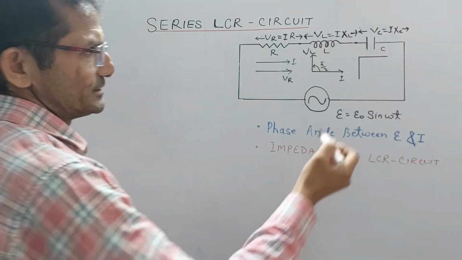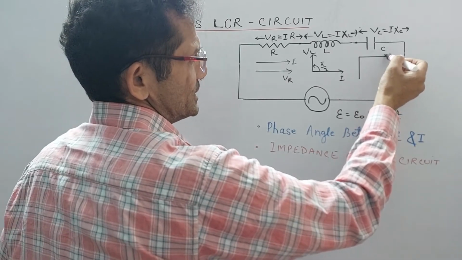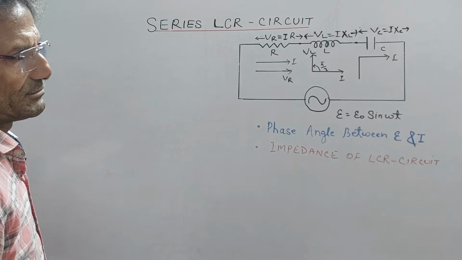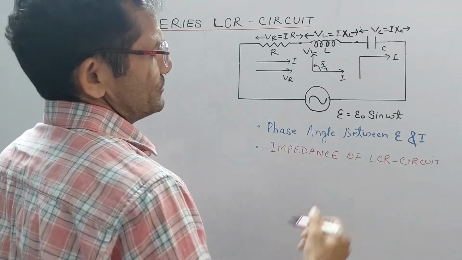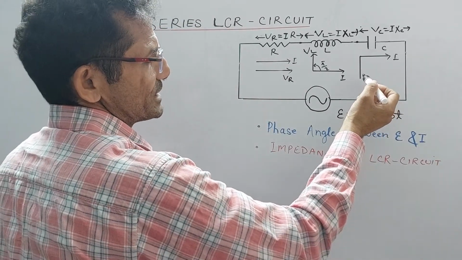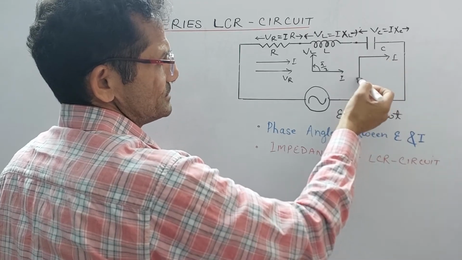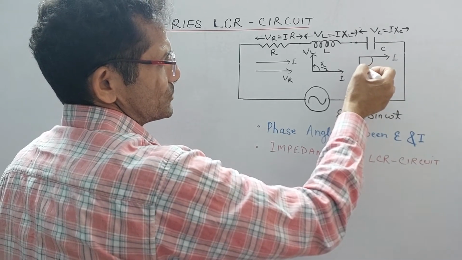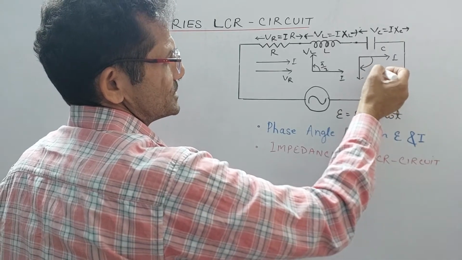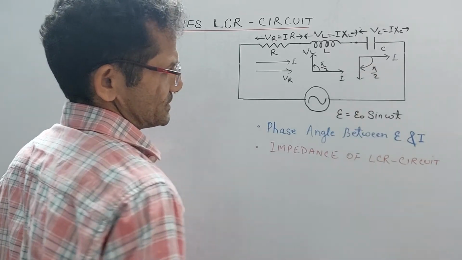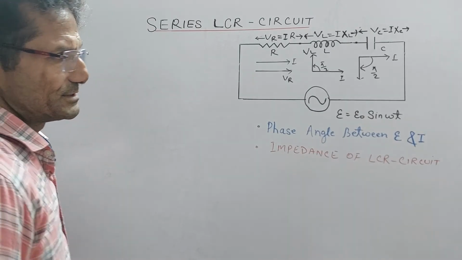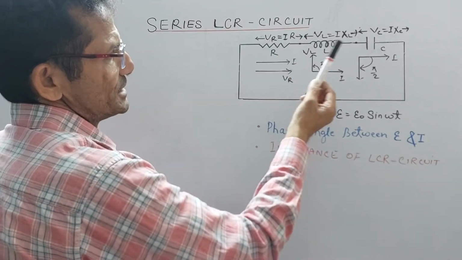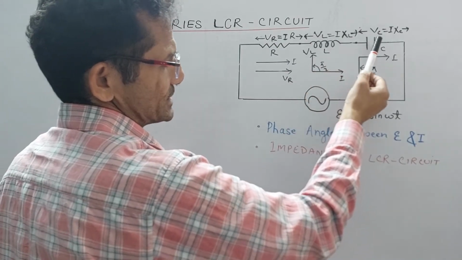Similarly, in a capacitor, if the current is along this one, the voltage applied across the capacitor will be lagging behind the current by an angle of 90 degrees. So we have to rotate by an angle of pi by 2 in the clockwise direction. So this is the phase relationship between current and voltage in resistor, inductor and capacitor.